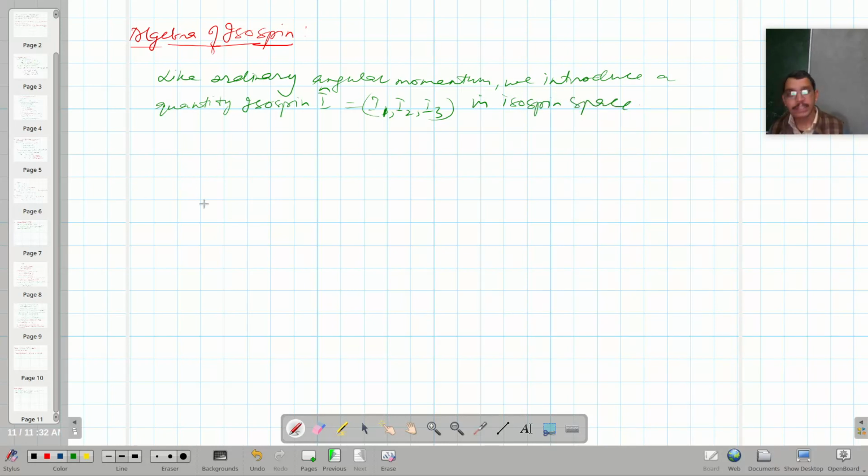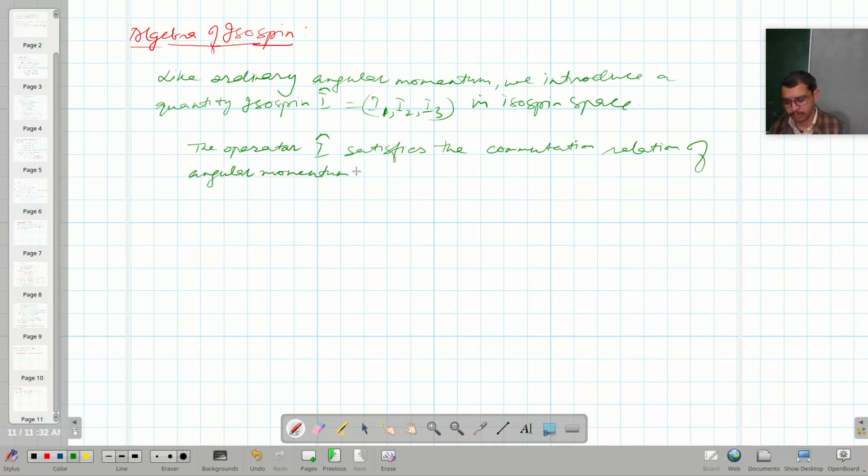In isospin space, the operator I satisfies the commutation relation of angular momentum J. So keeping in mind the results of angular momentum, let us define raising and lowering operators for isospin space.